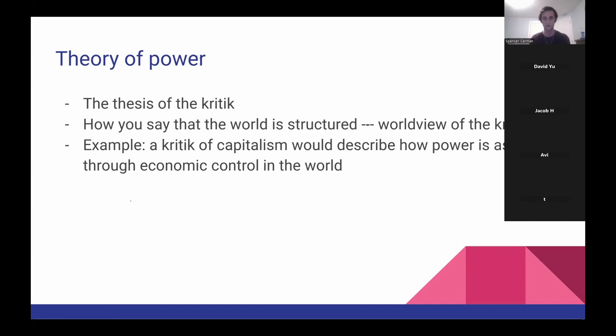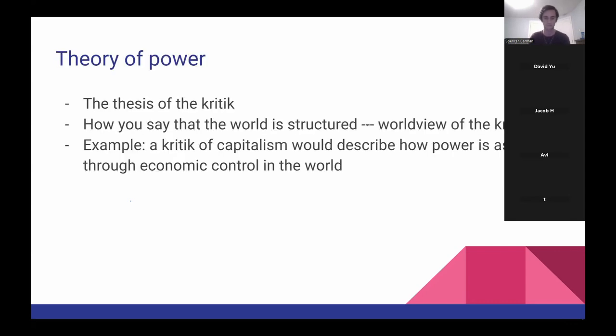So this would be what you would be reading as your theory of power for a capitalism critique. So it's not really diving into more specific impacts like the environment. It's more so the big picture view of how the world is structured through capital accumulation.